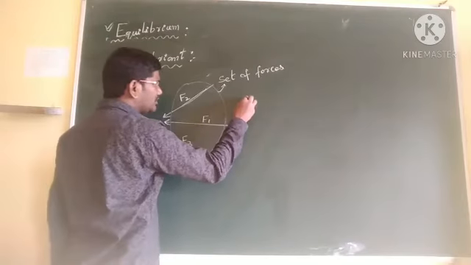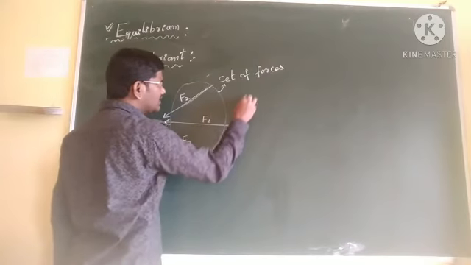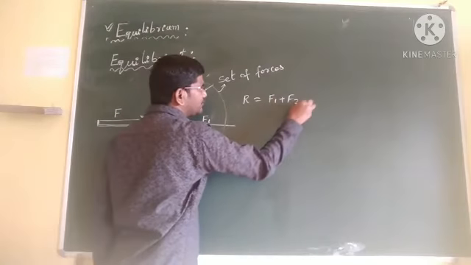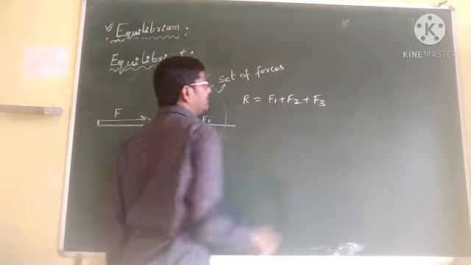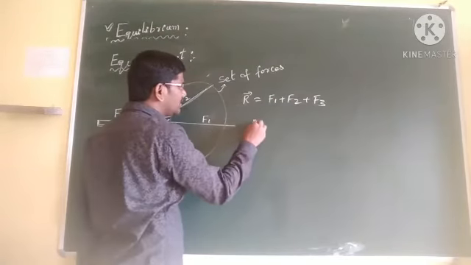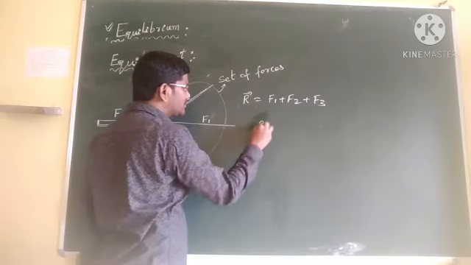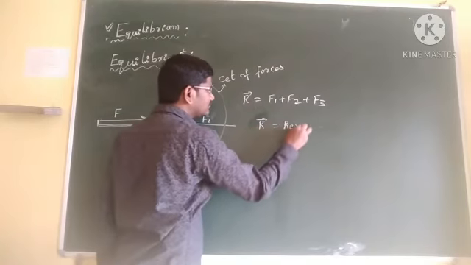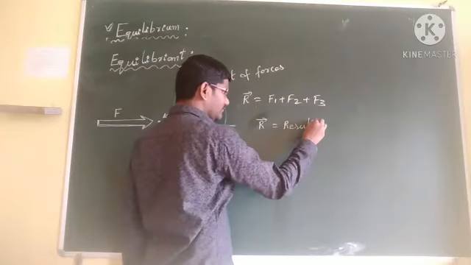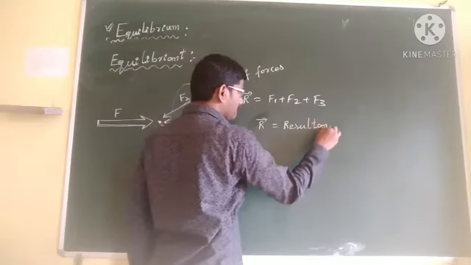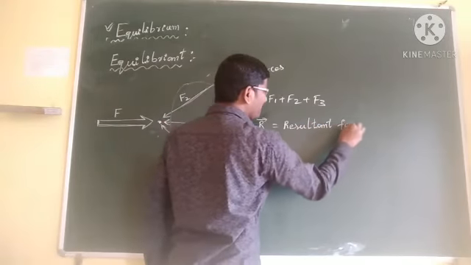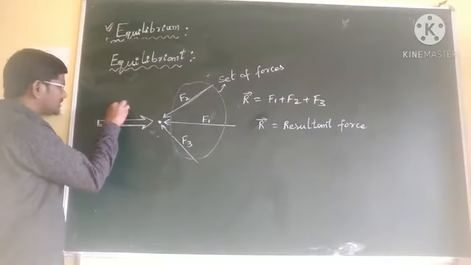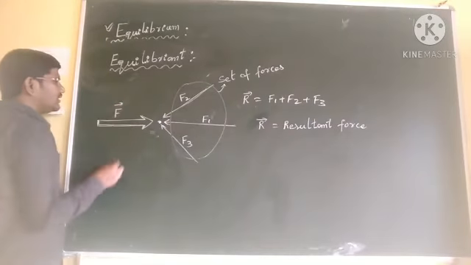So the resultant R is equal to F1 plus F2 plus F3. This is the resultant force R bar. That F is called the equilibrium force.